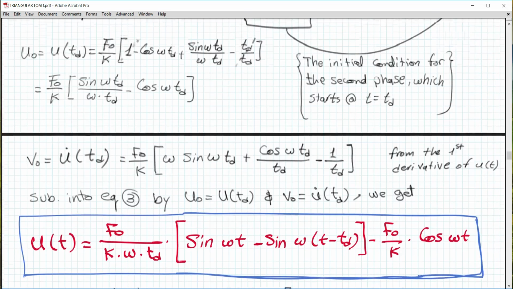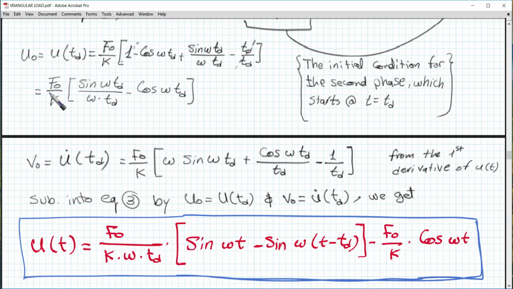Now from equation 2, we have u node, equal to u of TD, and instead of t it is going to be TD. We are going to have the first part only.